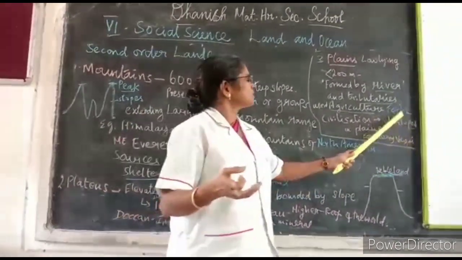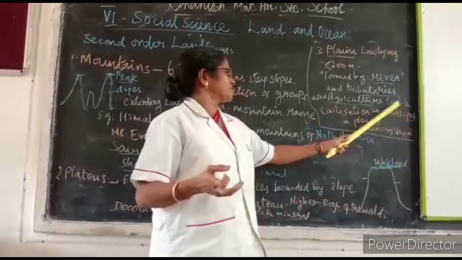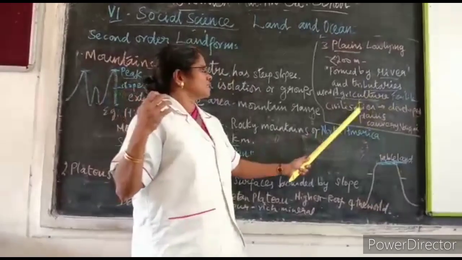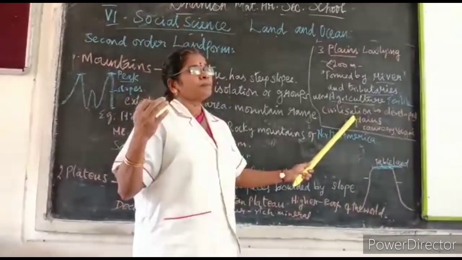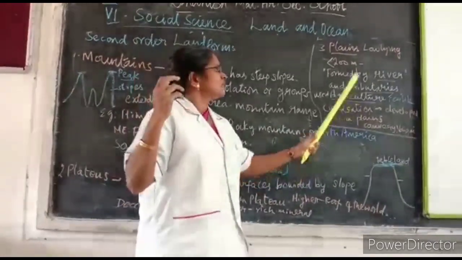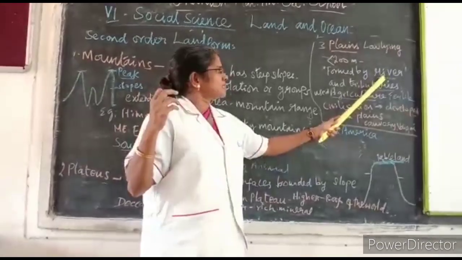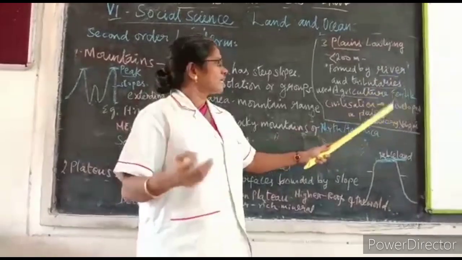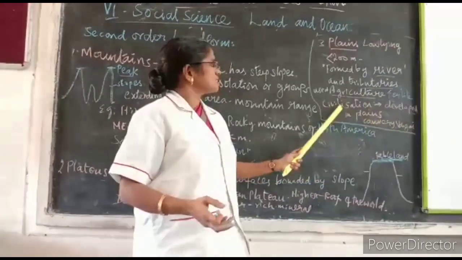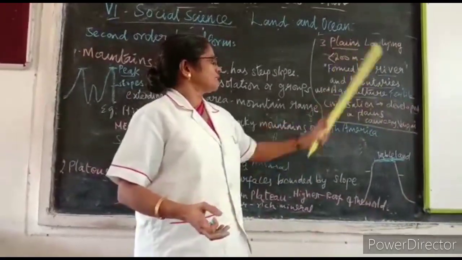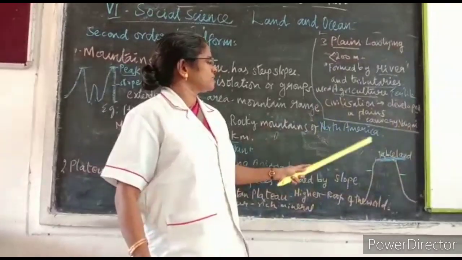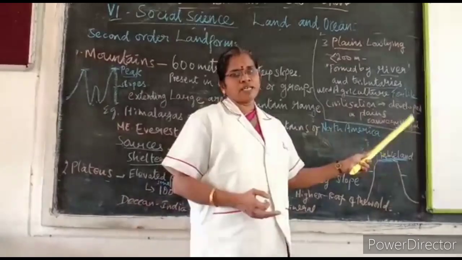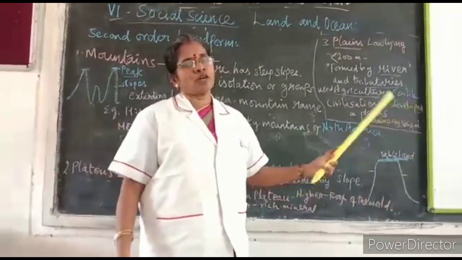Also, in olden days, before civilization started, people went near water areas, that is river areas, and there they started cultivating grains. So civilization developed only in the plains. Examples of plains are the areas of Kaveri, Vaigai and Krishna.